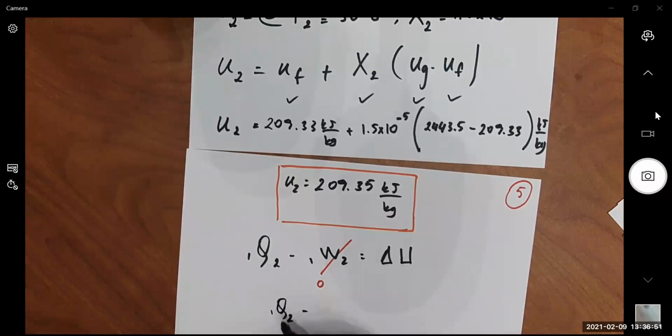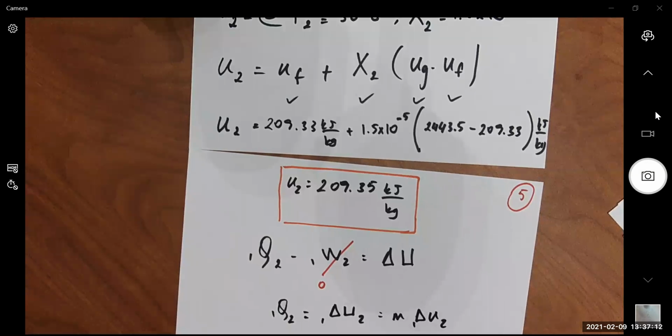Q from state 1 to state 2 will be only equal to the internal energy difference between the states. It will be m times the specific internal energy difference, or you can write it this way: m times (U2 minus U1).